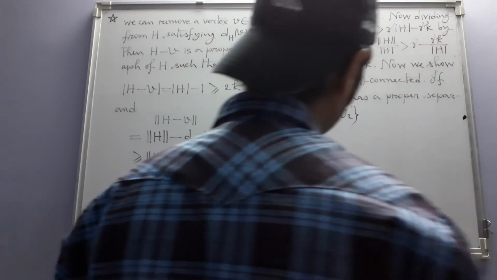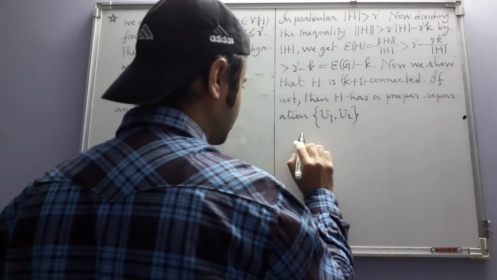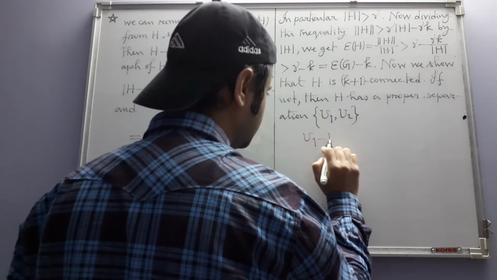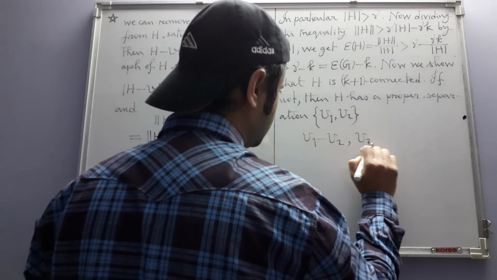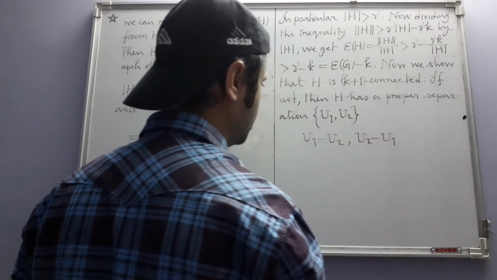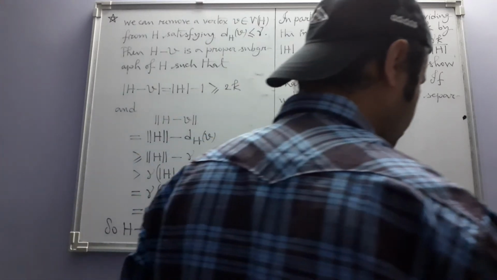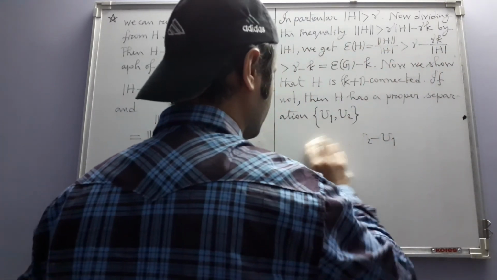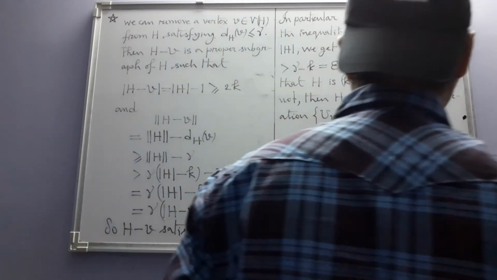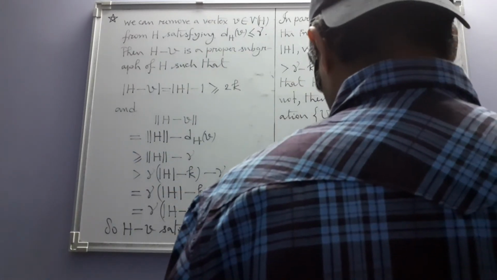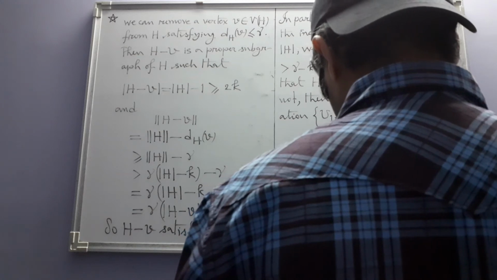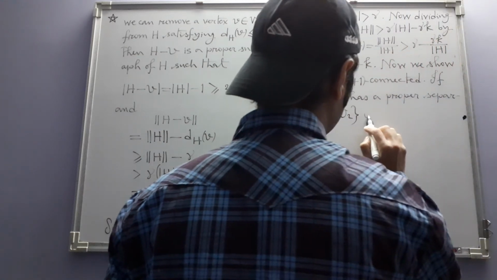None of these sets is empty. U2 minus U1. A proper separation of order at most k, yes.